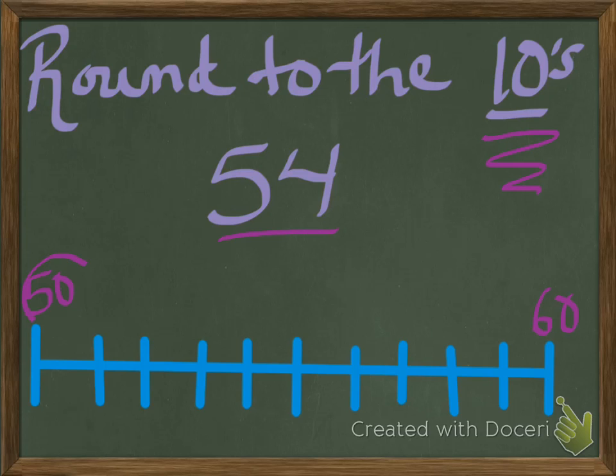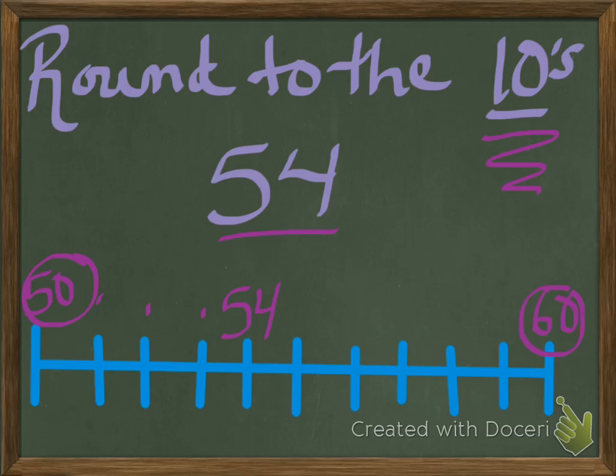Would it be closest to 50 or would it be closest to 60? So you have 50, 51, 52, 53, 54 is right here. So is it going to be closest to 50 or is it going to be closer to 60?